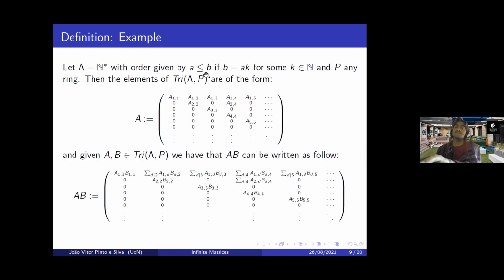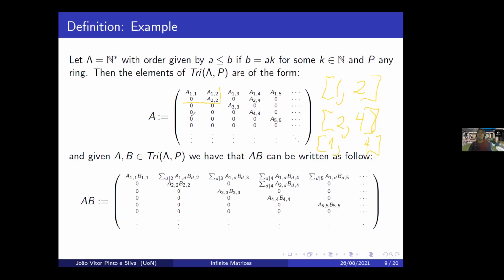And going back to the example below, what this result does is, here we have intervals, for example, [1,2], we have the interval [2,4] in this example, or [1,4]. I am able to cut these matrices and work only with finite matrices in this case.